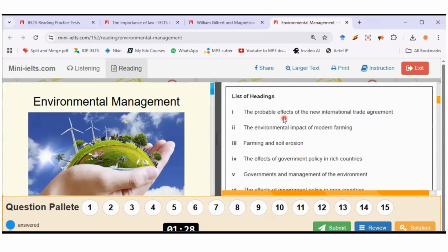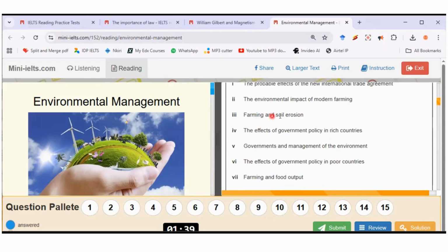The probable effect of the new international trade agreement. Effects, international, new. Those are my keywords. The environmental impact of modern farming. Environmental impact, modern farming. Farming and soil erosion. Everything is important in this statement. The effects of government policy in rich countries. Effects, government policy, rich countries. Government and management of the environment.